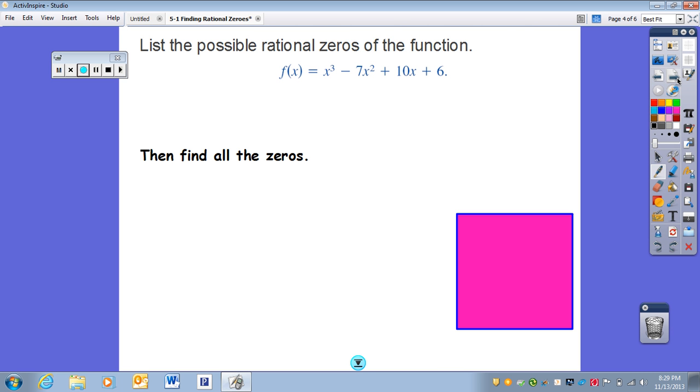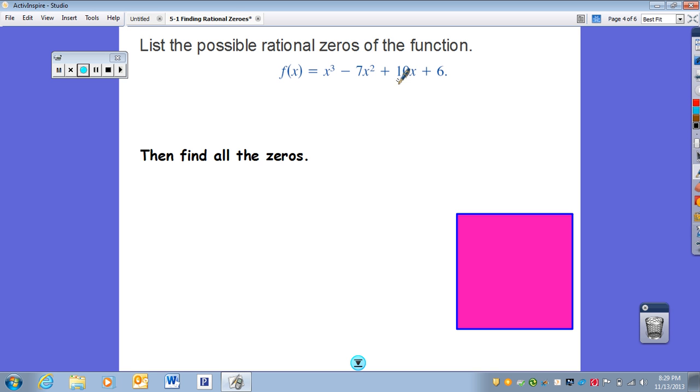So the first thing we're going to do is find all of the factors of our constant term. So our constant term is 6. Again, making sure that our polynomial is written in standard form and that all of the coefficients are integers. So first we're going to find all of our possible zeros.